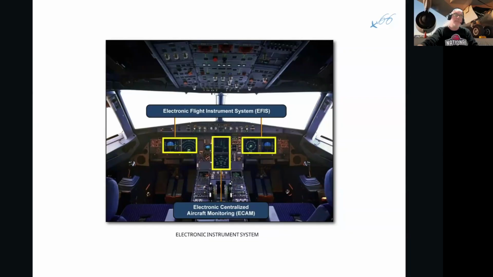So Airbus separated their screens into the EFIS screens for captain and co-pilot. And also they made two other displays here called the ECAM screens, which stands for Electronic Centralized Aircraft Monitoring.